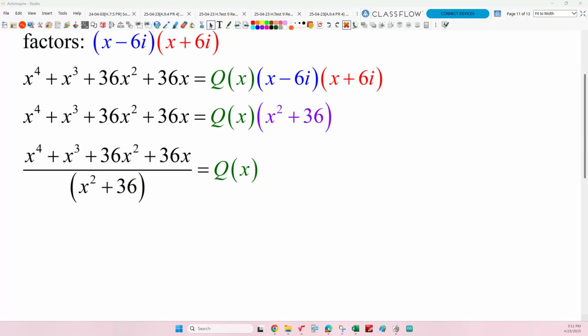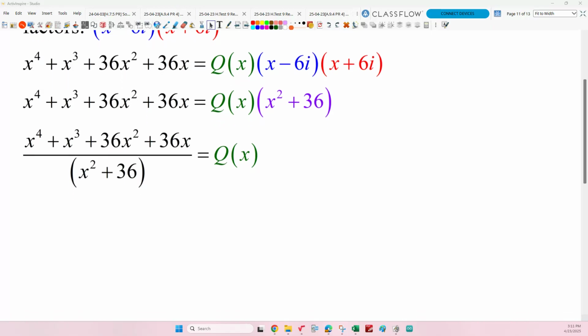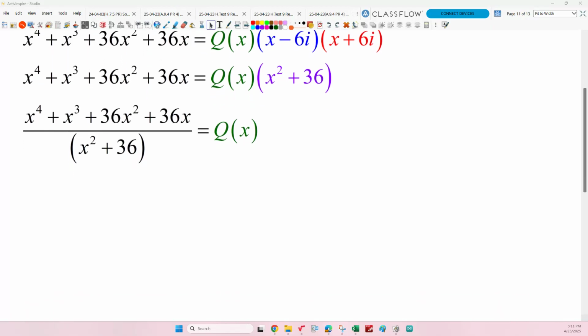Does that look like something you guys have done before? How do we solve that one? Synthetic division. Why long division? Yeah, the bottom's not linear, so we got to do it the long way. What goes on the outside? What goes on the inside?